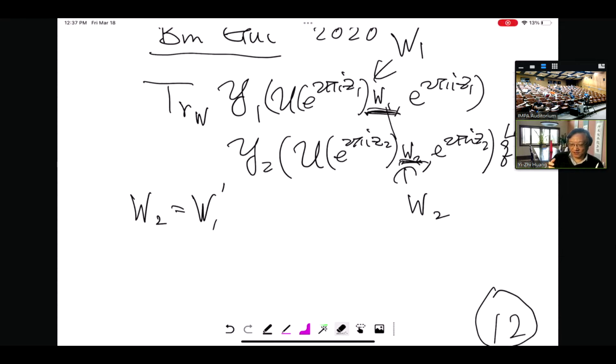So you have two different ways of decomposing a sphere with punctures and local coordinates. Then the corresponding algebraic result is that these two ways give you the same thing. That's the associativity.